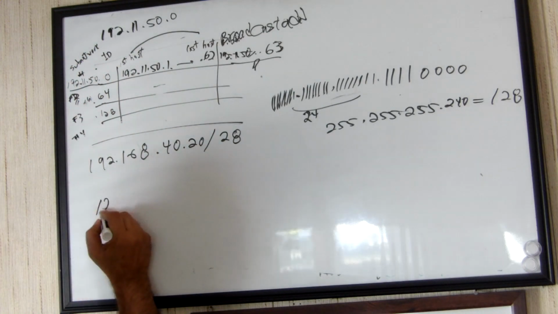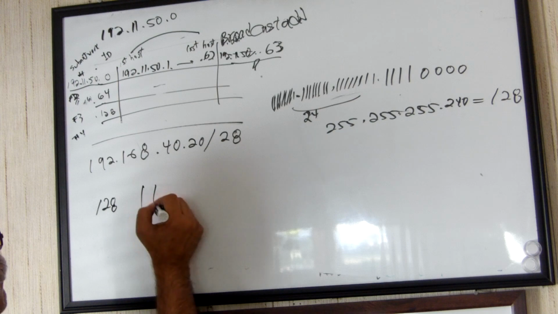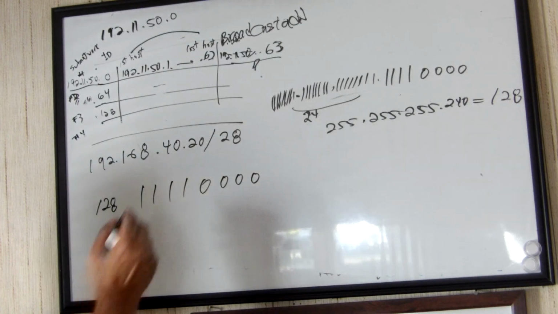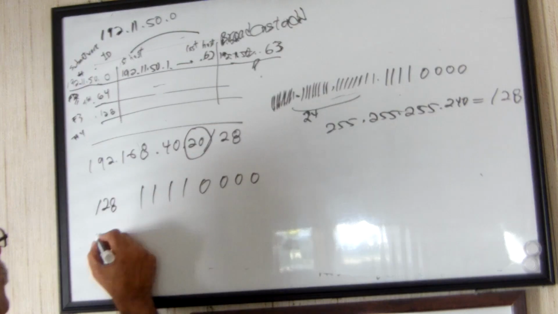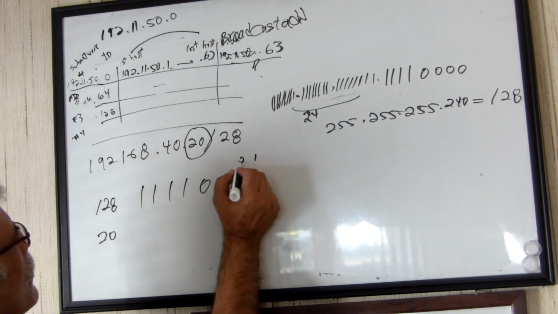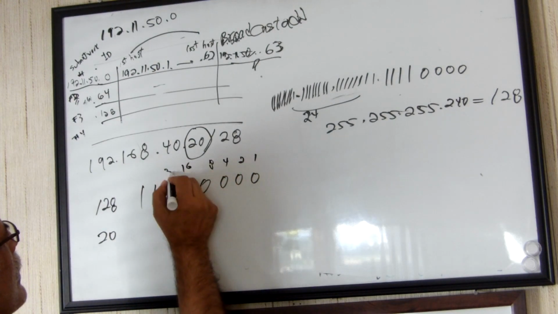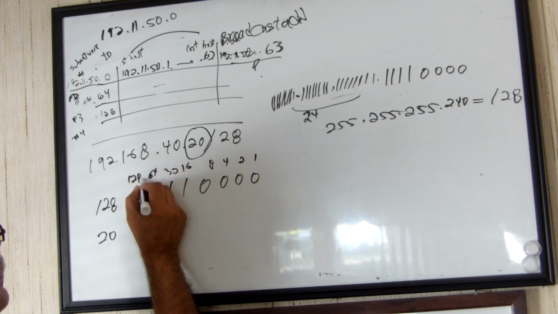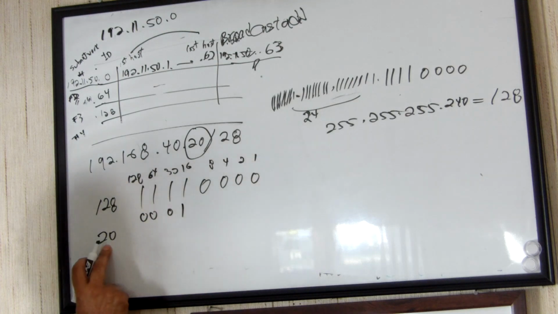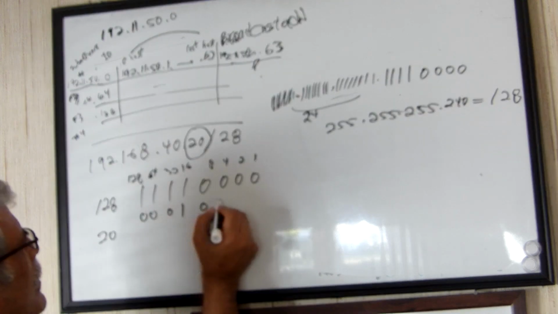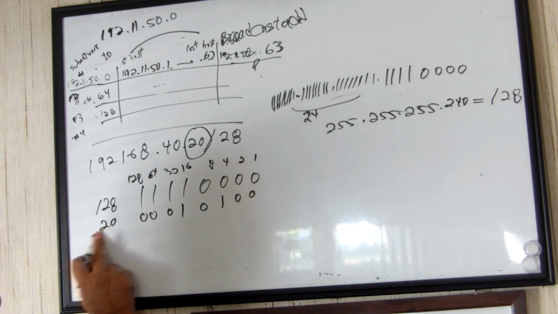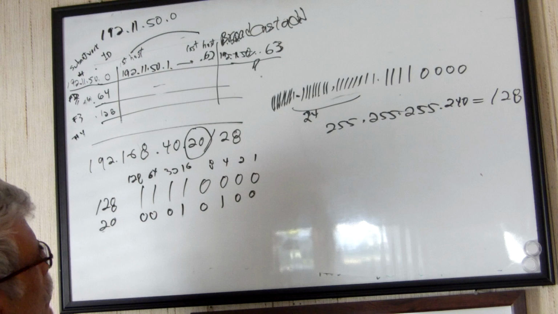So for 28, you have 4 ones and 4 zeros on the 4th octet, and you say the 20. 20 is what? This is 1, 2, 4, 8, 16, 32, 64, 128. It is going to be 16 plus 4, 20.